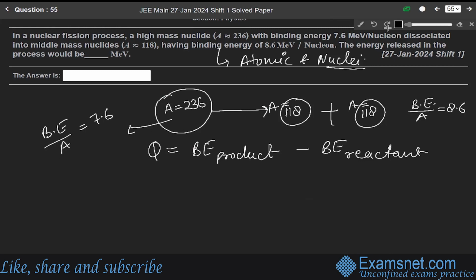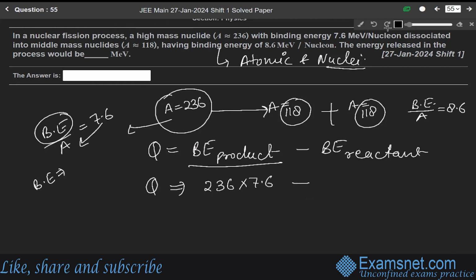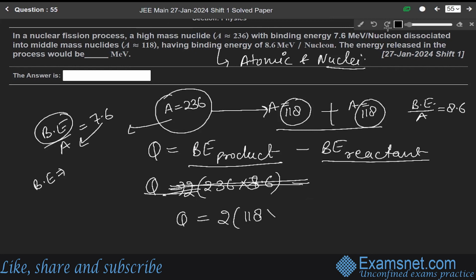So if we want to find the binding energy, binding energy will be equal to binding energy per nucleon into A. So Q, energy released, will be binding energy of product minus binding energy of reactant. Product is two nuclides, so Q will be equal to 2 into 118 into 8.6 minus of reactant.